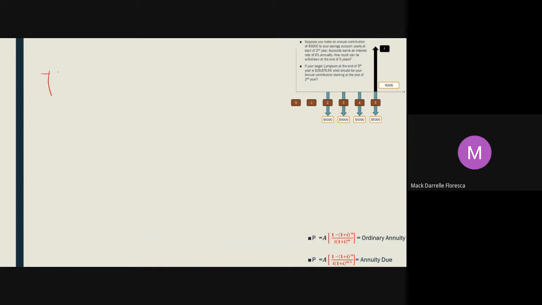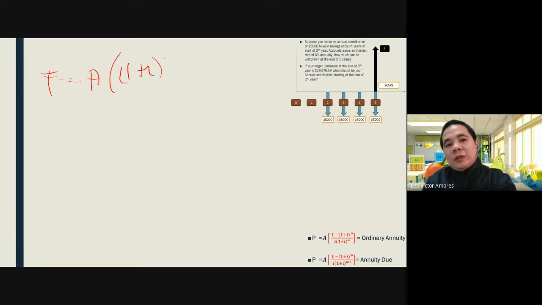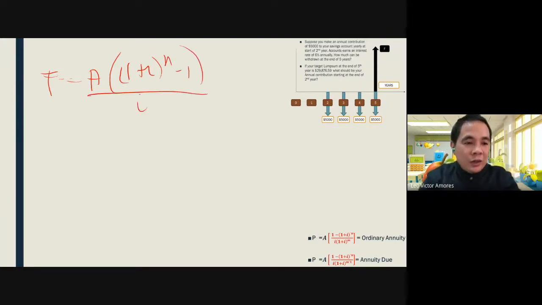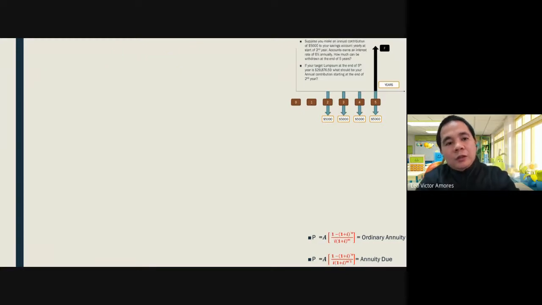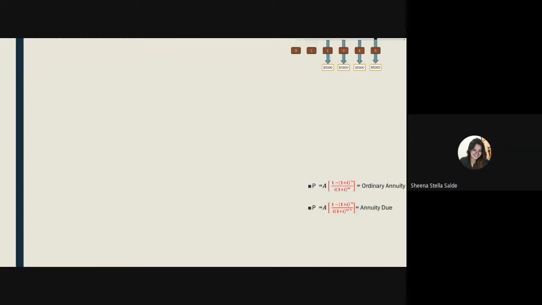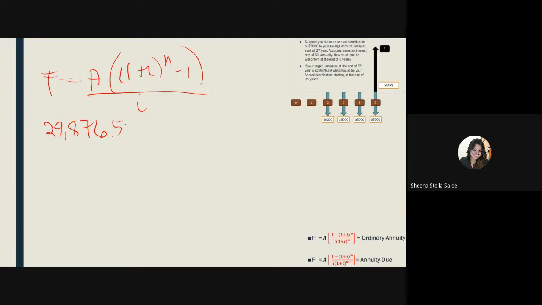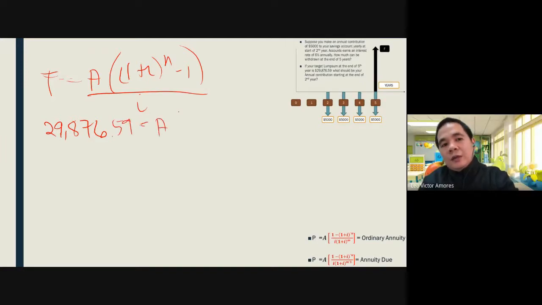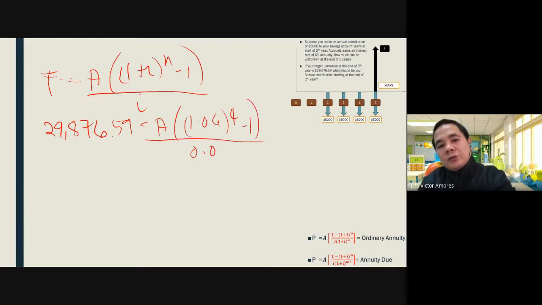Discard. So F is equal to A times (1 plus i to the exponent of n, minus 1) divided by i. You're looking for the future value of a series of payments. So F is equal to 29,876.59, equals A times (1.06 to the exponent of 4 minus 1) divided by 0.06.